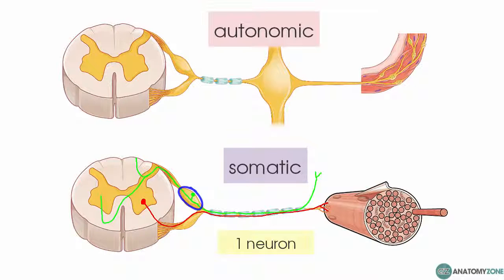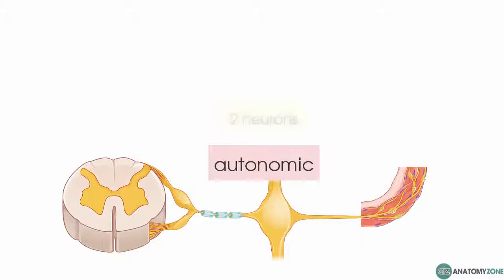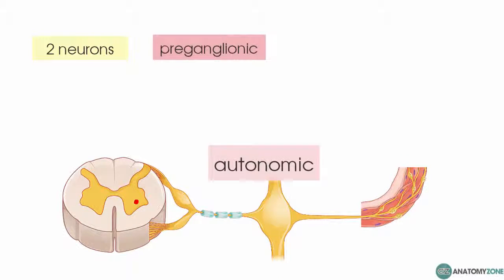The efferent component of the autonomic nervous system is different. There are two sets of neurons between the CNS and the PNS. So we've got this neuron here, which is called the preganglionic neuron. So it leaves via the ventral horn, just like the diagram below, exits along the ventral root, and now the difference here is that it forms a synapse in a ganglion.